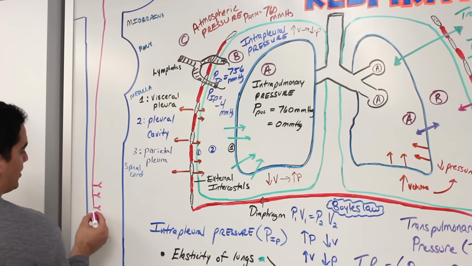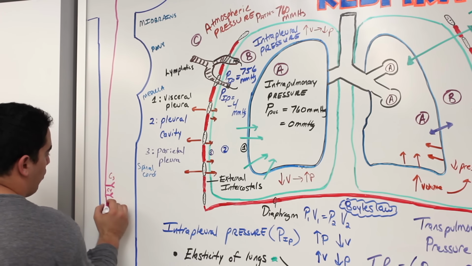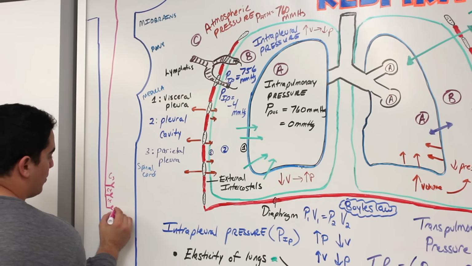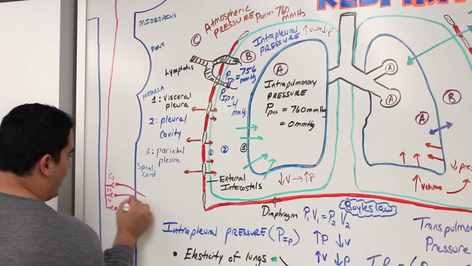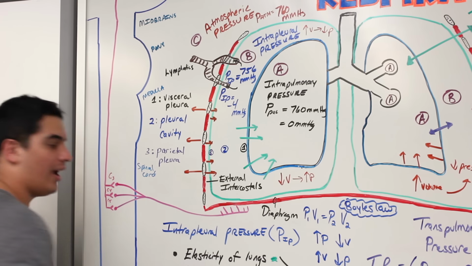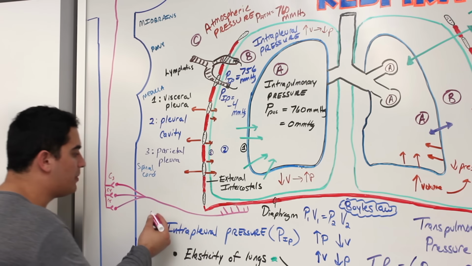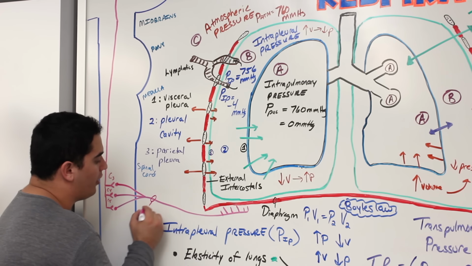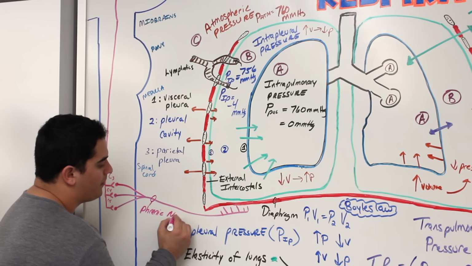For example, if this is C3, C4, and C5, this would come out, activate these somatic motor neurons, and innervate the diaphragm. So this would be the C3, C4, C5 nerve root. This is specifically called the phrenic nerve.